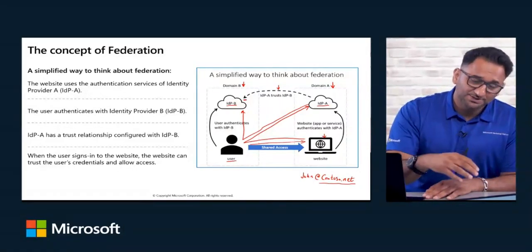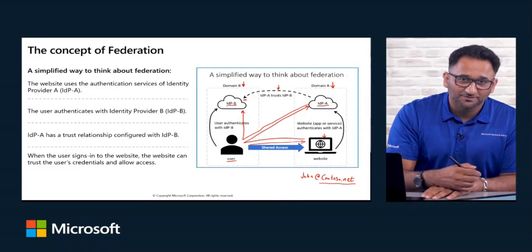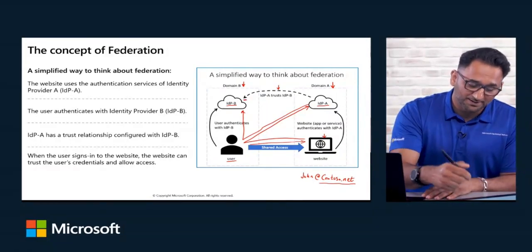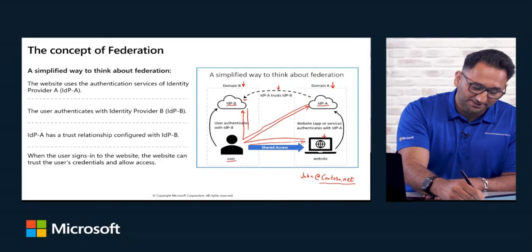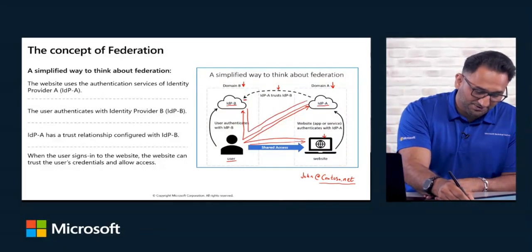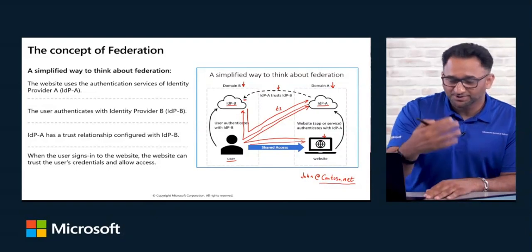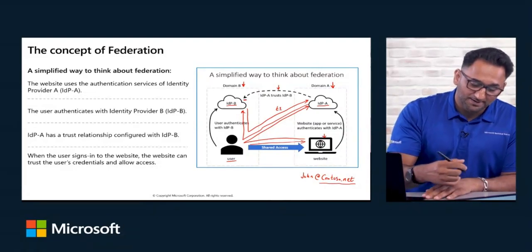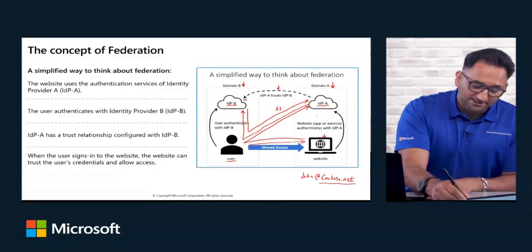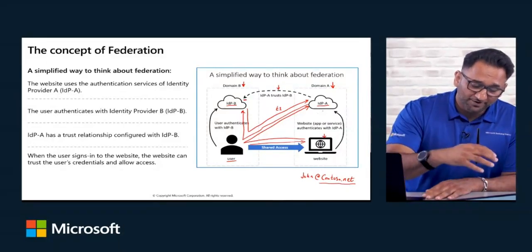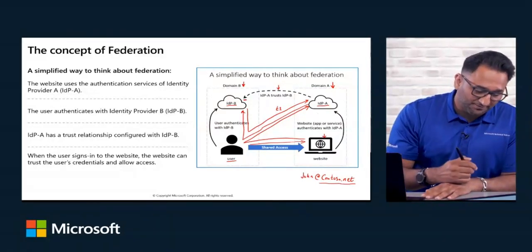Now, because the user already has a relationship built with identity provider B, it will simply generate a token to say, yes, I know this user, let this user in. Let's call this T1, the token generated by identity provider B. And in this case, once again, it can verify this token between the two identity providers.